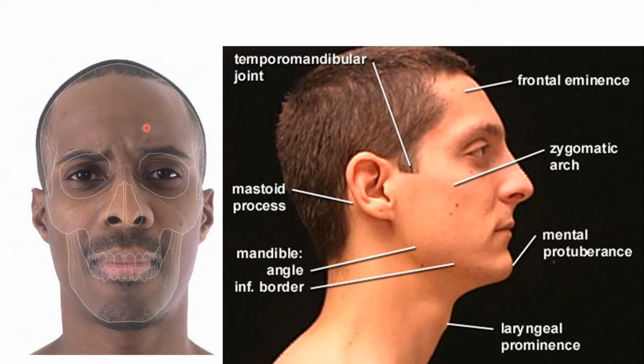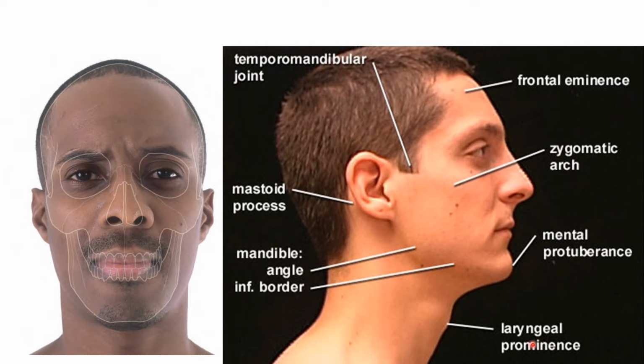Deep fascia is absent, but it is present to some extent in the region of the outer surface of the parotid gland, which is covered by deep fascia, and part of the buccinator muscle, and the masseter muscle is also covered by deep fascia. But the rest of the facial region is devoid of deep fascia.